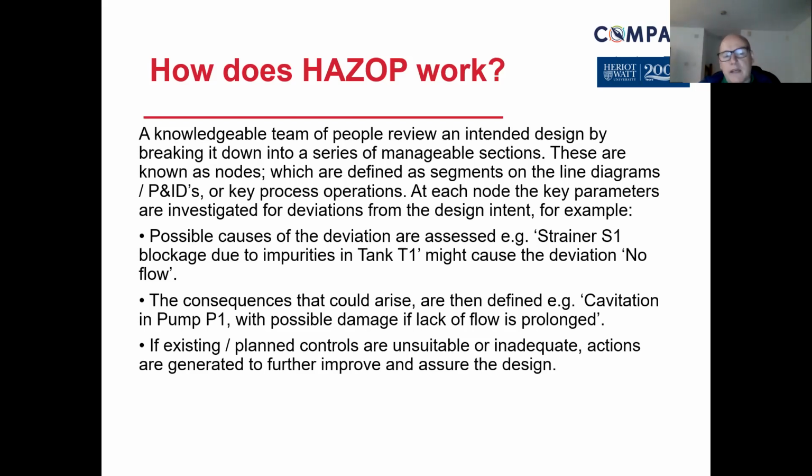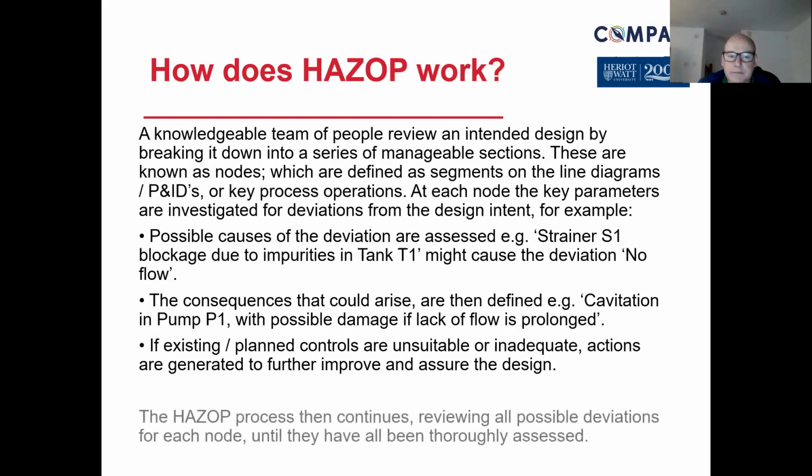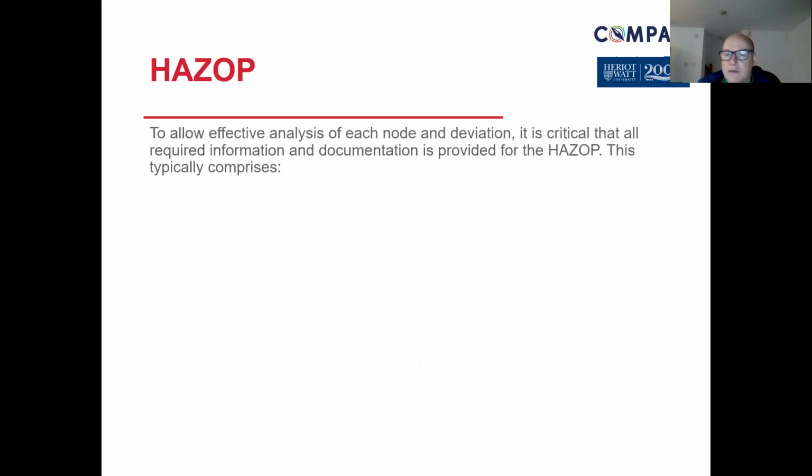And then you look at if the existing plant controls are unsuitable or inadequate. Focus on failure. Yeah. If it's not good enough, what do we do to improve it? Change the design, improve the design. So it continues through that, reviewing all possible deviations from it, and that's the key purpose of it.